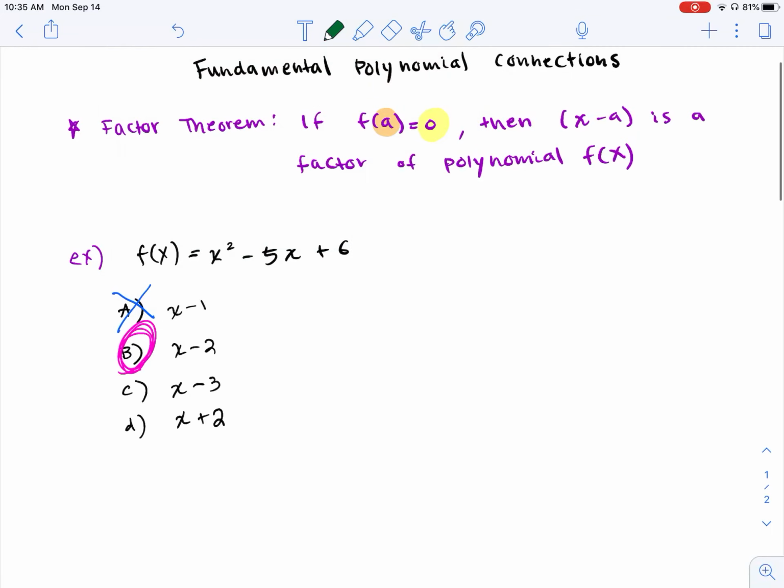If we got this function, I know that you know how to factor. So if I were to factor, it would be x minus 3 and x minus 2. Let me put the f of x in there. So if I were to just directly factor it, I get x minus 3 and x minus 2.